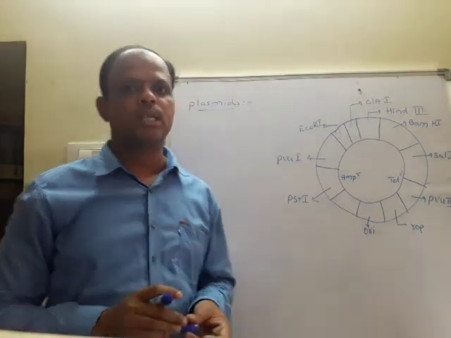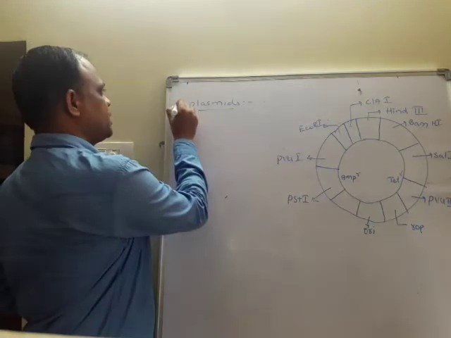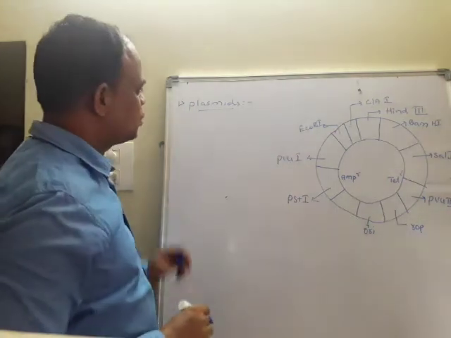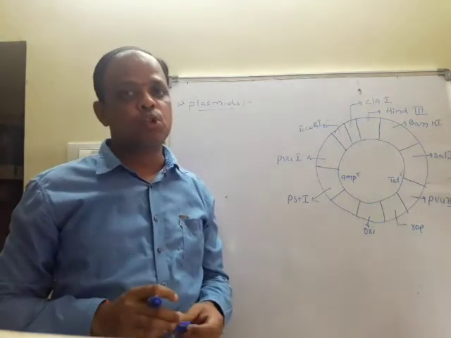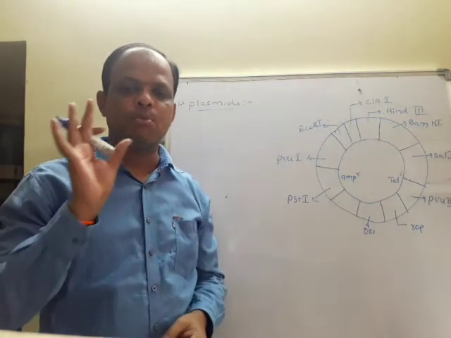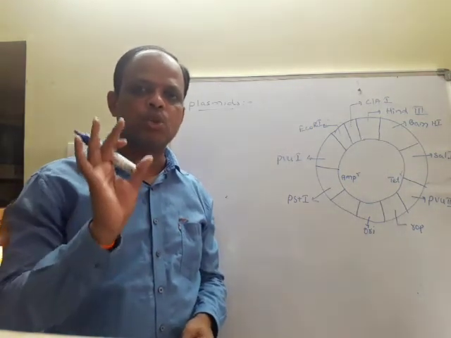The first vector is the plasmid. The plasmid is an extra chromosomal, circular, double stranded, additional chromosomal particle.